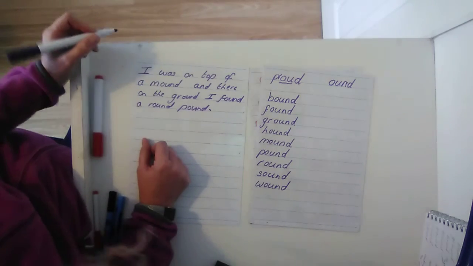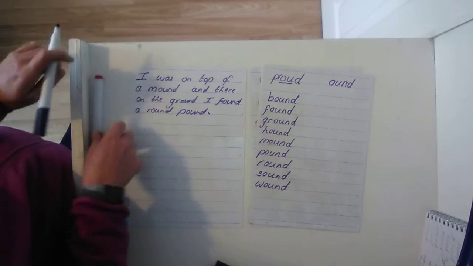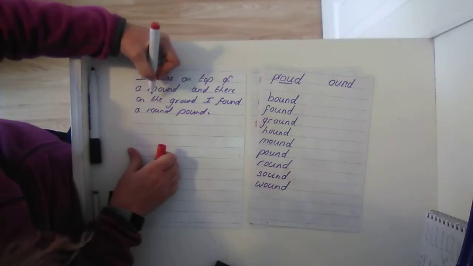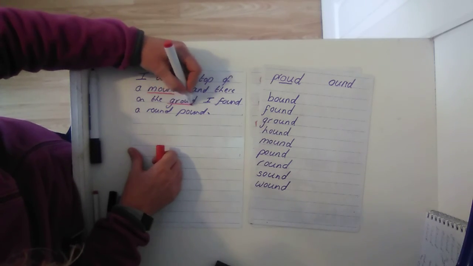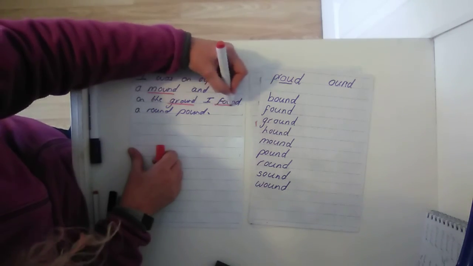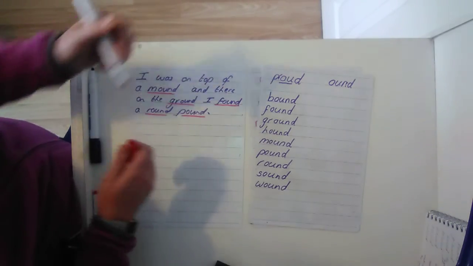How about that? Full stop. Capital letter at the beginning of my sentence, boys and girls. So I was on top of a mound. So there's one of our words. And there on the ground, I found a round pound.